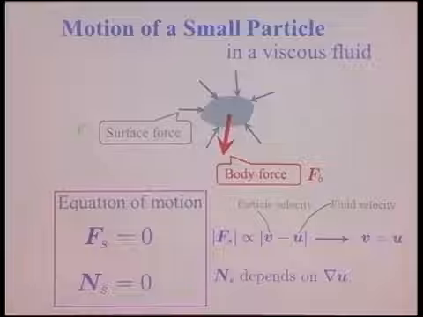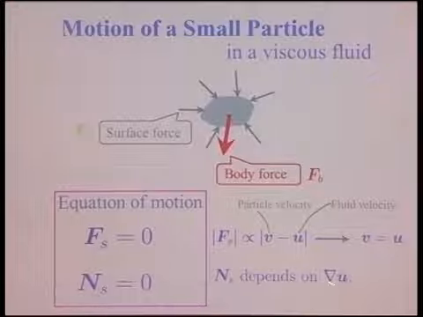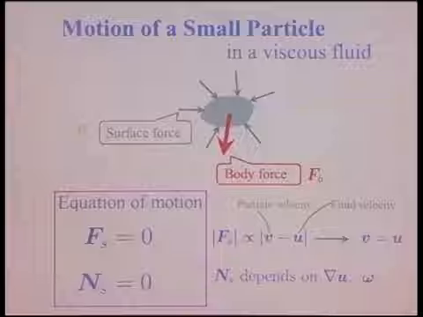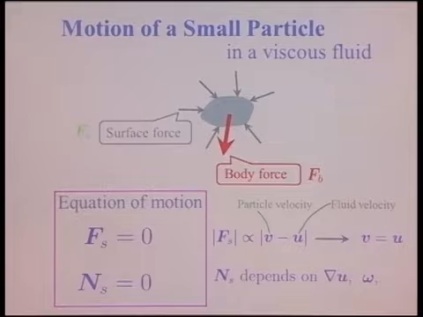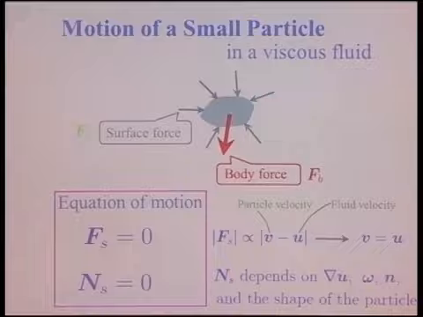But on the other hand, the torque N depends on the derivative of the velocity. This has 9 components, and also the angular velocity of the particle, and the orientation of the particle, and the shape of the particle.